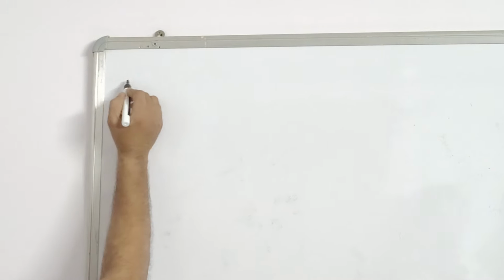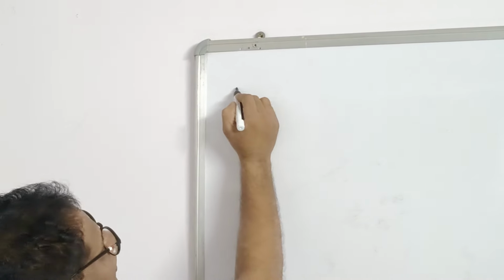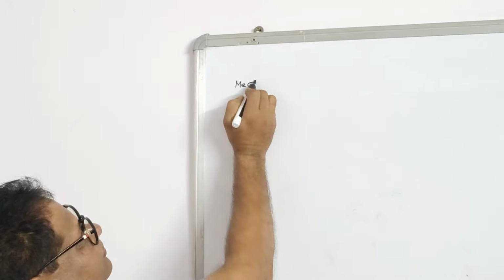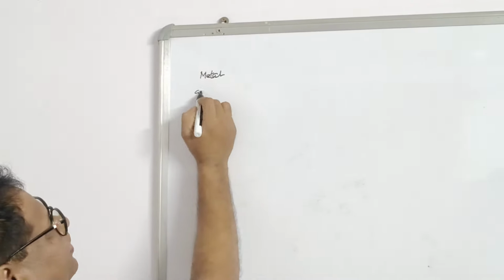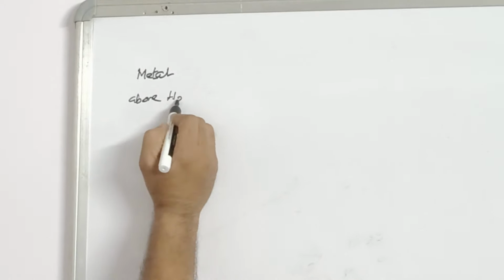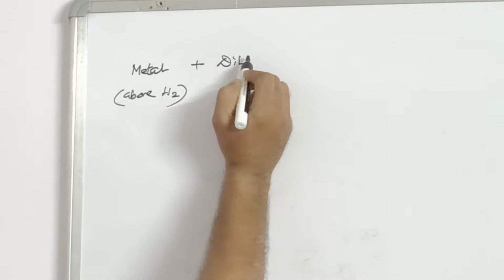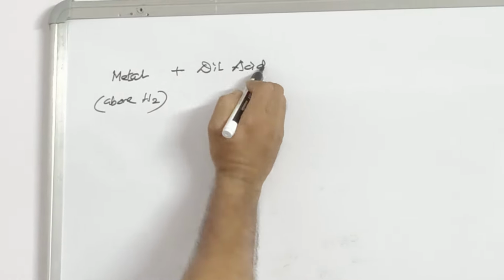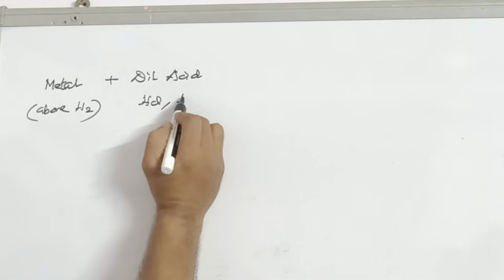The same part. Suppose we react a metal above hydrogen, means above hydrogen in the activity series, with a dilute acid. Suppose we take option HCl or H2SO4.